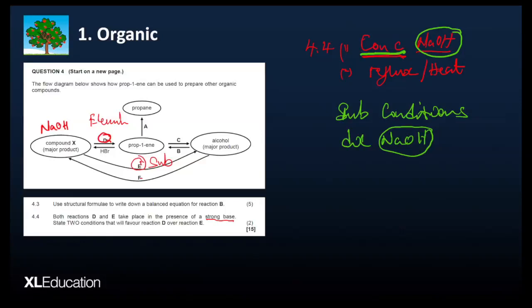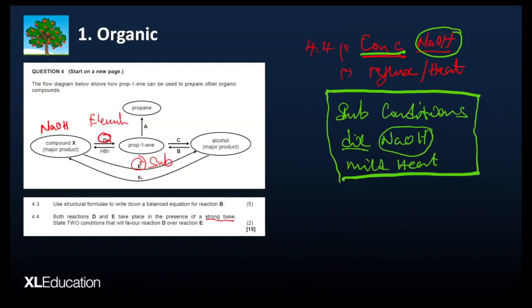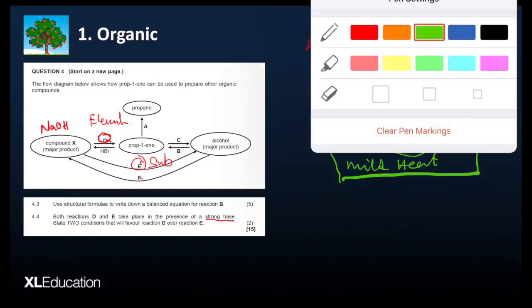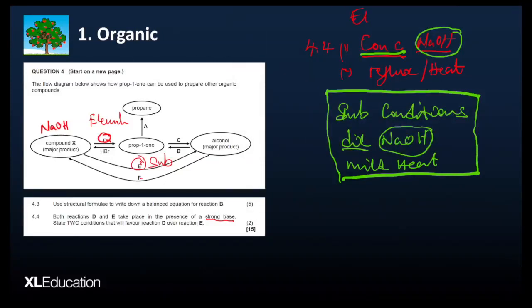This one is concentrated, now it's dilute. Then our heat is not going to be very strong reflux. We are going to use mild heat. These are the conditions that are going to lead us to substitution. And these are the conditions which lead to elimination. So we need to be very careful on these simple conditions.